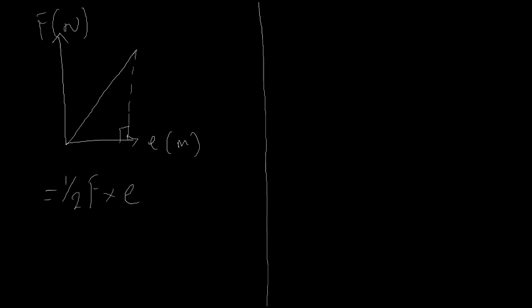This is the work done, or you can say the elastic potential energy stored in an elastic material or in a spring, whatever. So the area under the graph or the plot of F against E is equal to the work done, or the potential energy stored in the spring.